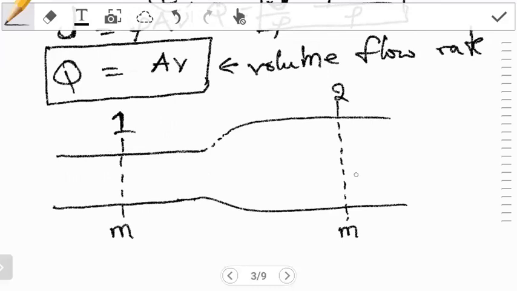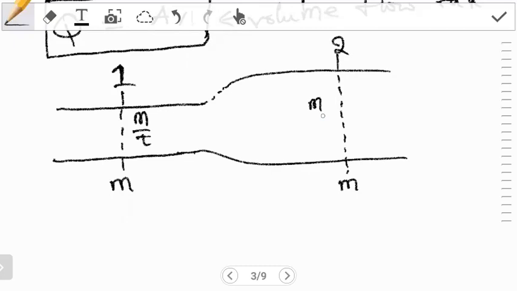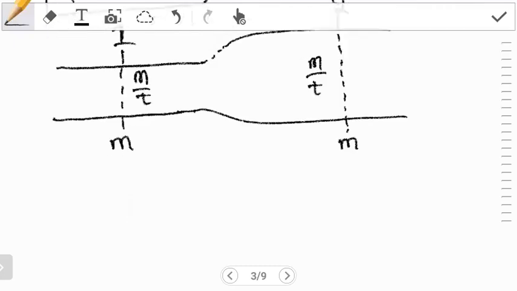So in other words, we can equate the rates. The rate of flow of the fluid here will be equal to the rate of flow of the fluid there. So you can say mass over time here will be equal to mass over time on the other side. In terms of cross-sectional area, remember we had J equal to the density, and then area multiplying the velocity.